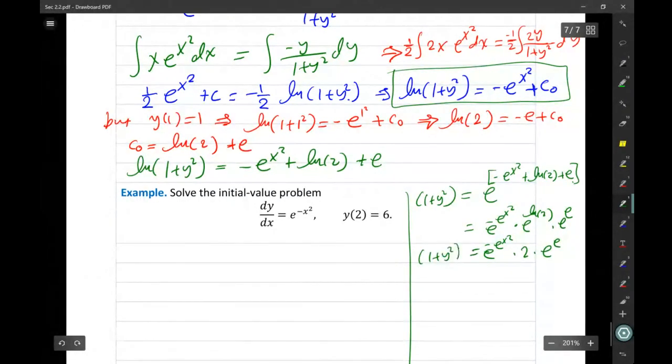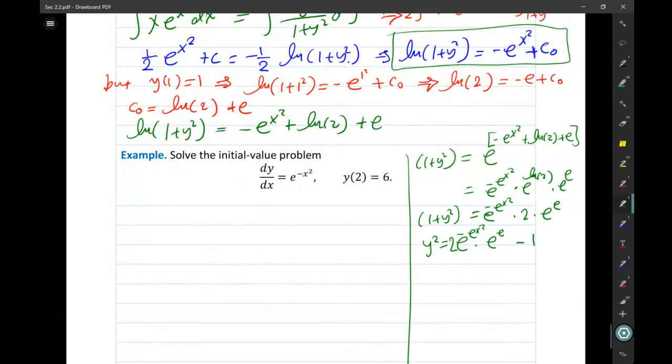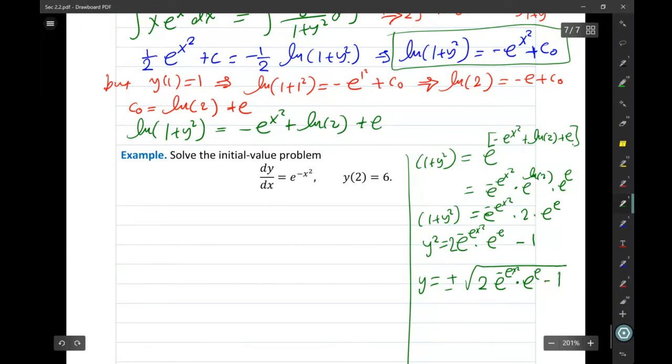So y square equals e to the power minus e to the power x square times 2 times e to the power e, all of them minus 1. You will have y equal to positive and negative square root of 2 e to the power minus e to the power x square times e to the power e minus 1.